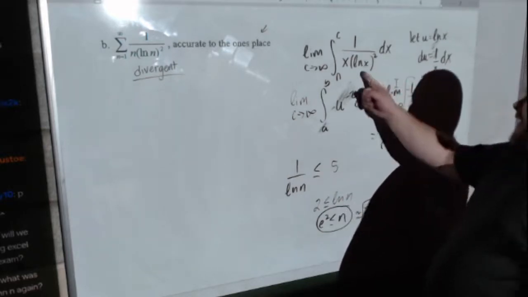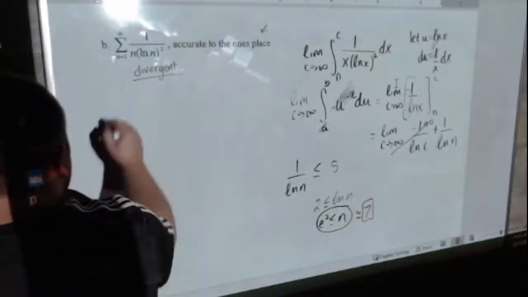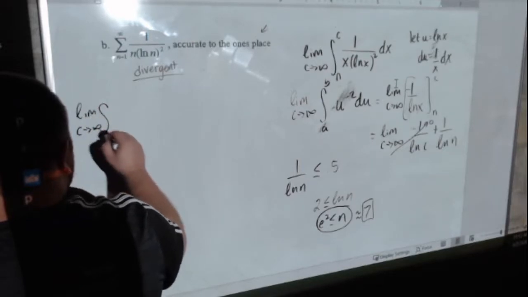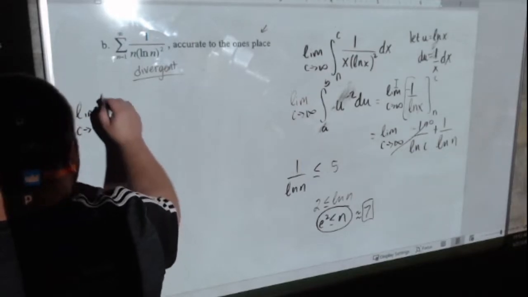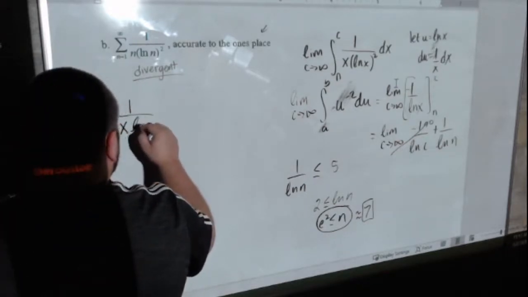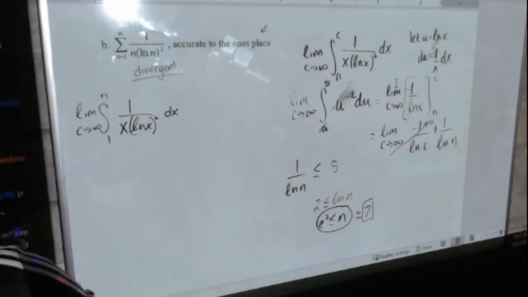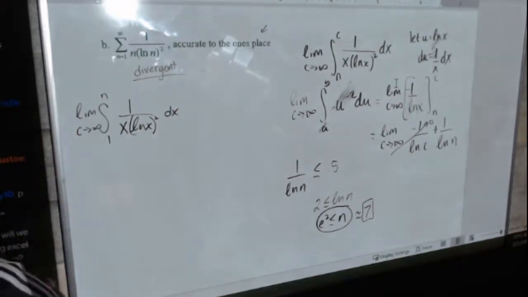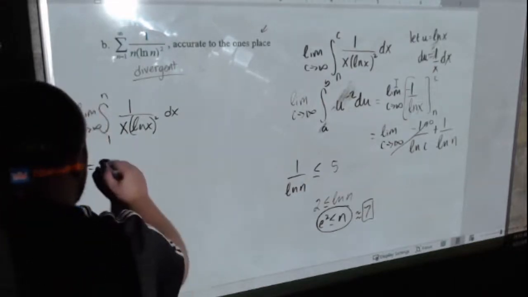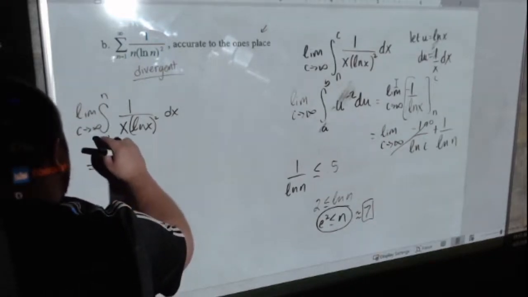To do that, I would have taken the same integral, and I would have had the integral from 1 to n. So if I do that, this is going to come out as limit c approaches infinity.